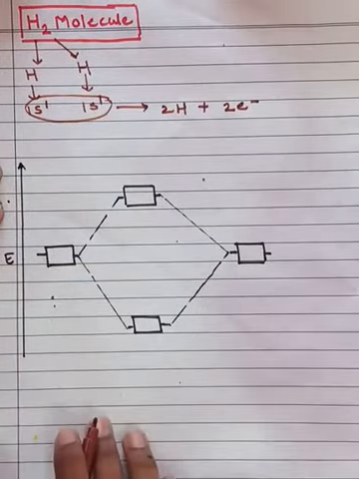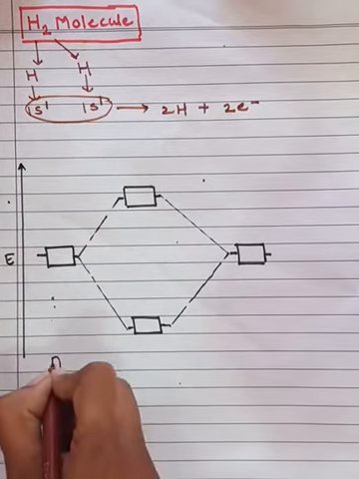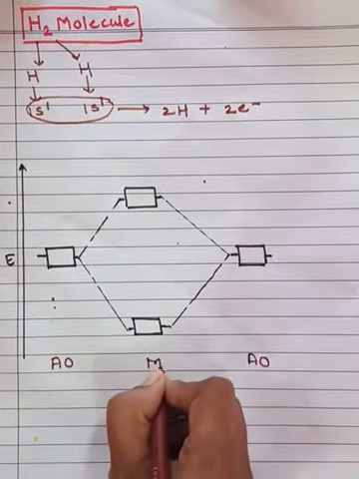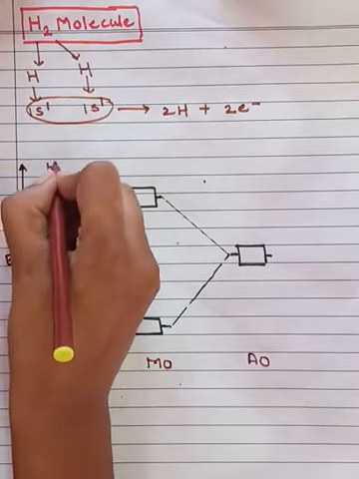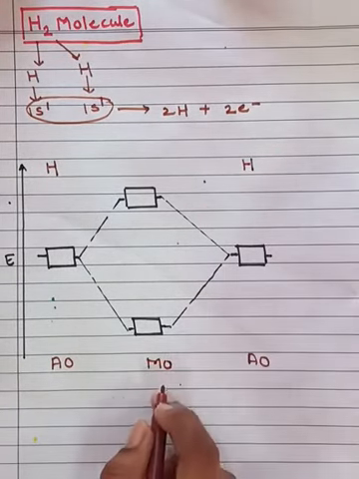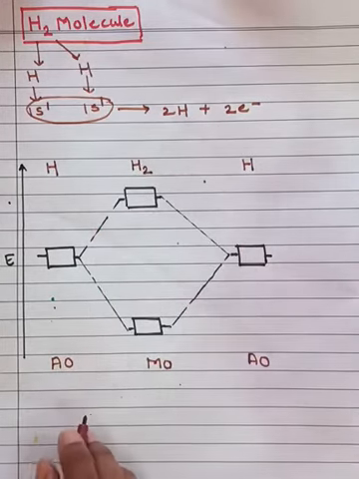So let us draw the MO energy level diagram. In the MO energy level diagram, to the sides we have the atomic orbitals, and at the center we have the molecular orbitals. The first atomic orbital is for the first hydrogen atom, the second atomic orbital is for the second hydrogen atom, whereas the molecular orbital is for the H2 molecule.